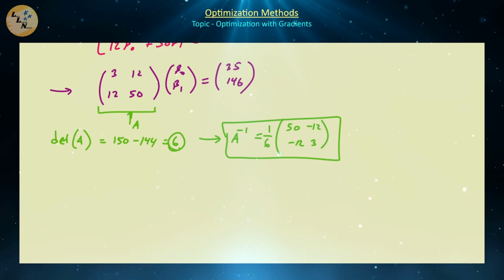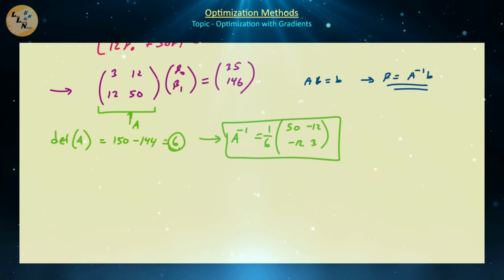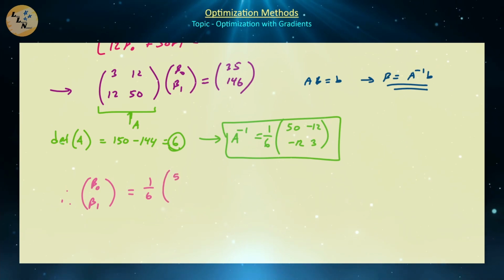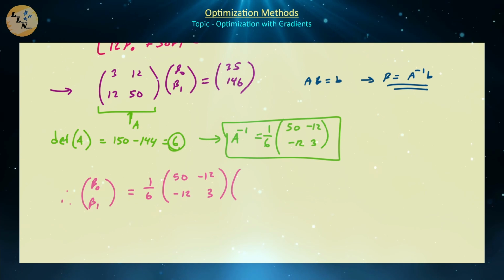So that means we can solve this equation, A beta equals B, by multiplying both sides on the left by the inverse. So beta is going to be equal to A inverse times B. So that means beta 0, beta 1, is going to be equal to 1/6 of the product of [50, minus 12; minus 12, 3] and the vector [35; 146].